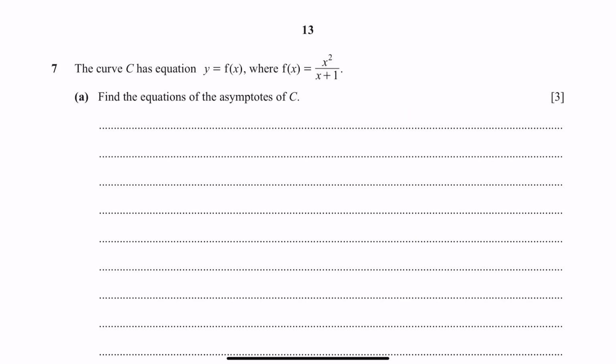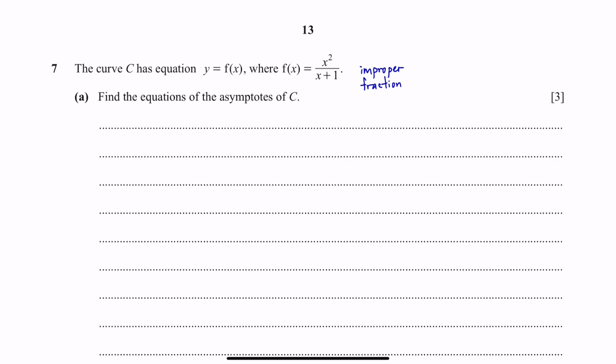For question 7, we have the equation y equals f(x), where f(x) is x squared over x plus 1, and we need to find the asymptotes of C. Okay, this is an improper fraction. And to find the asymptotes of an improper fraction, we need to change it into another form.